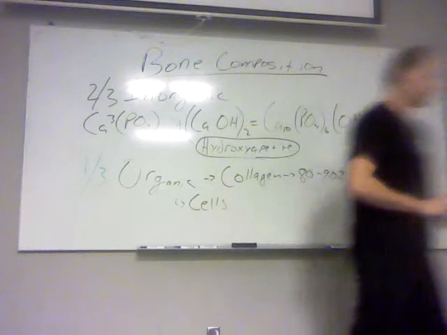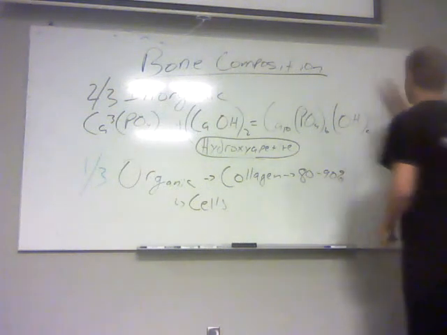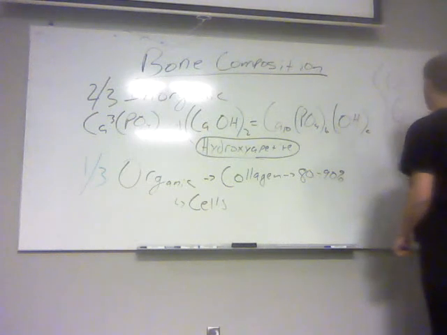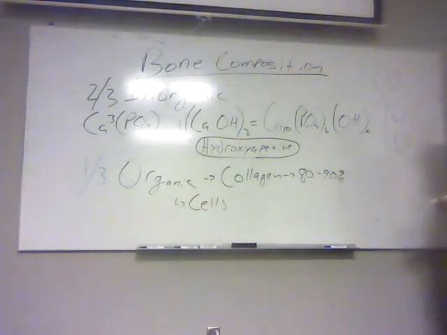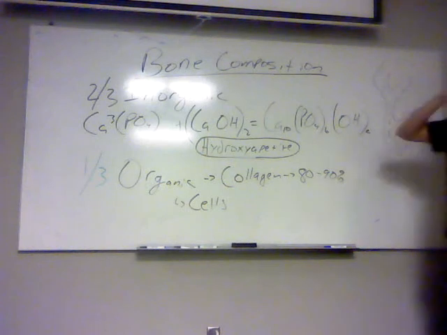Now remember that when we use the word matrix, what we're talking about, so let's say here's an environment, you've got a bunch of cells, okay, so here's some cells in here, and then when we say matrix, matrix is basically the water and all the different proteins around here.